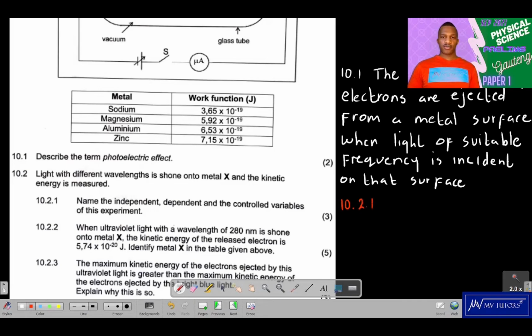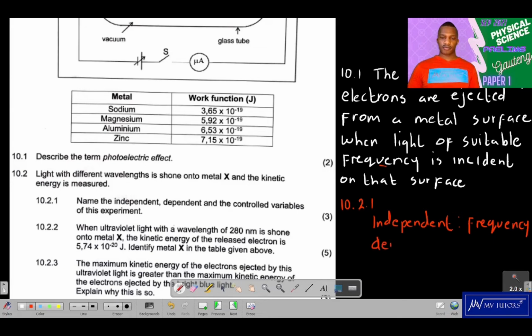So let's start with the independent one. Okay, so the independent one would be the frequency right there. It's independent. It's not dependent on anything.